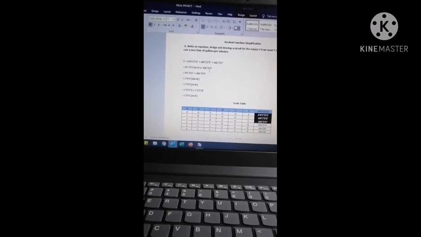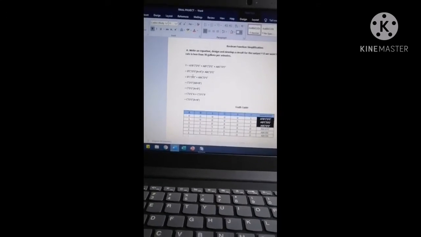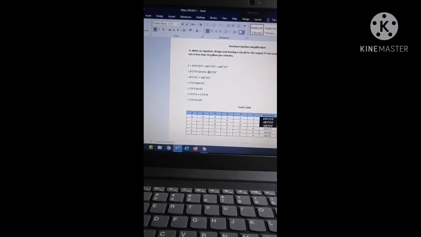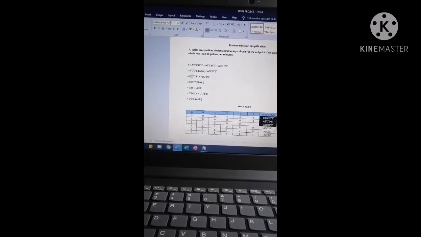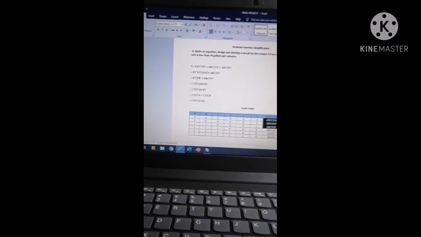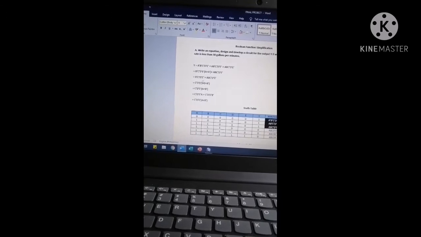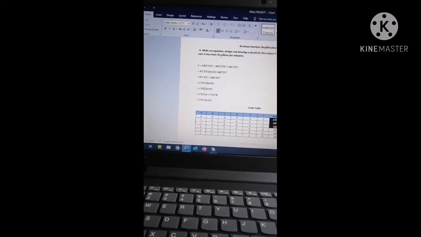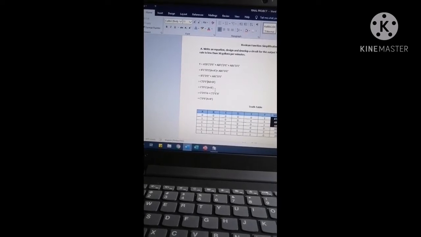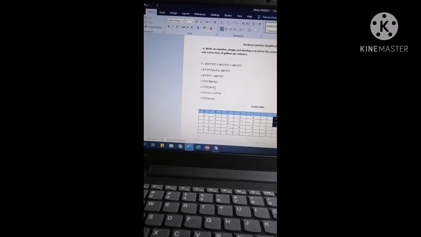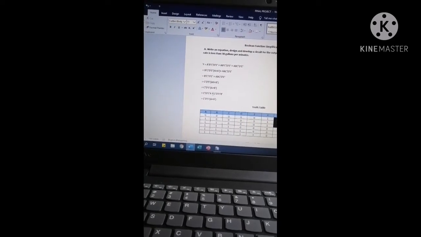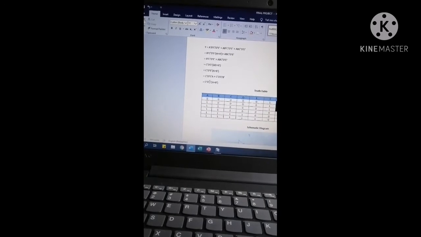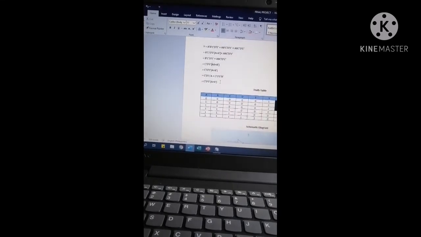Equals, what remains is B bar C bar D bar E bar plus AB C bar D bar E bar. The common factors are C bar, D bar, and E bar. What remains is B bar plus AB. Then C bar D bar E bar times (B bar plus AB) equals, distributive, C bar D bar E bar B bar plus C bar D bar E bar A. Then equals C bar D bar E bar times (A plus B bar).